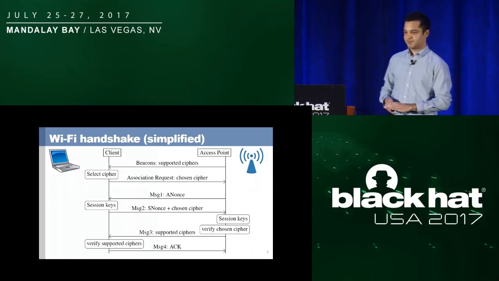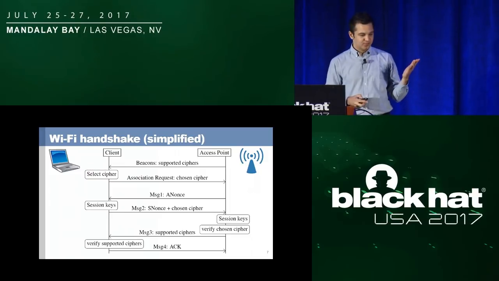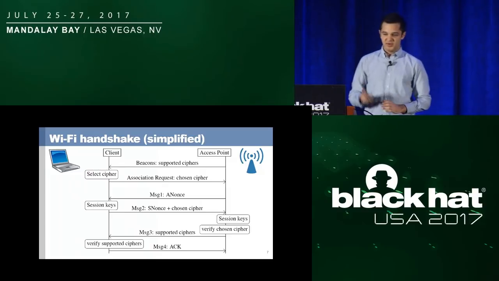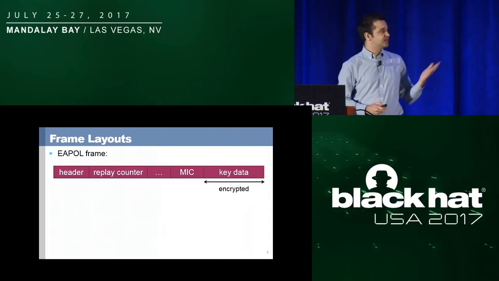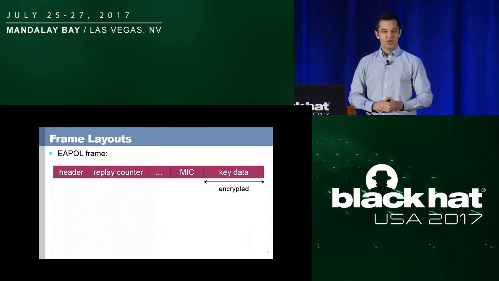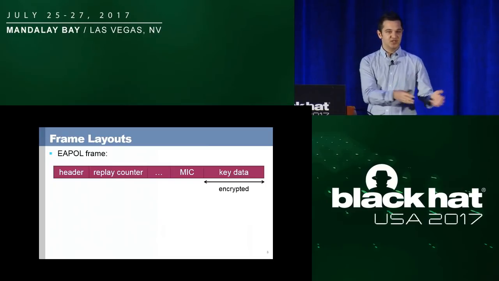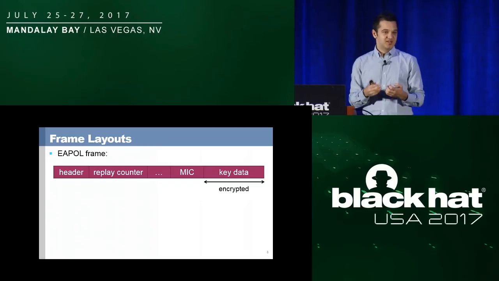Okay, so the next thing you need to know is how these messages are defined. Well, they are defined using EAPOL frames, and simplified, this is the layout of an EAPOL frame. Basically, you have a header with the destination and the source address. You have some flags which identify the message that we are dealing with, for example, is it message 1, 2, 3, or 4? You also have a MIC.